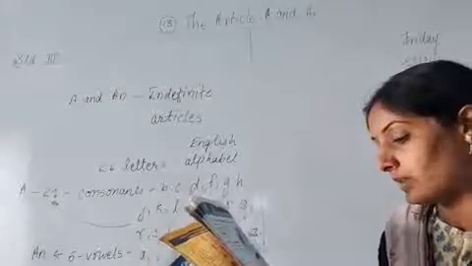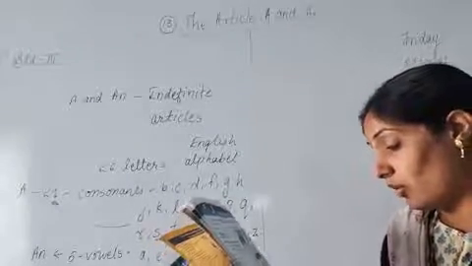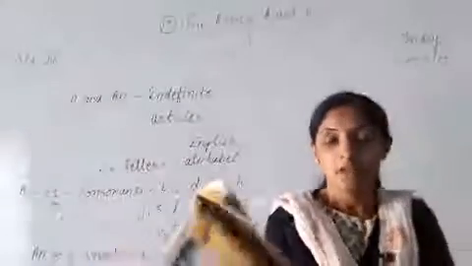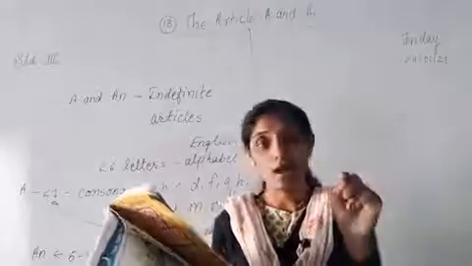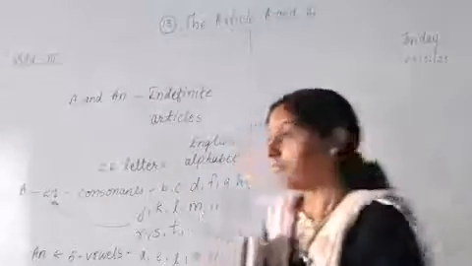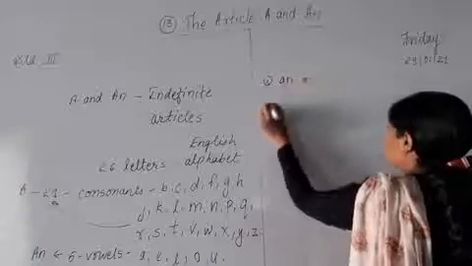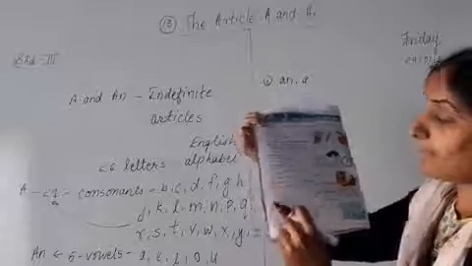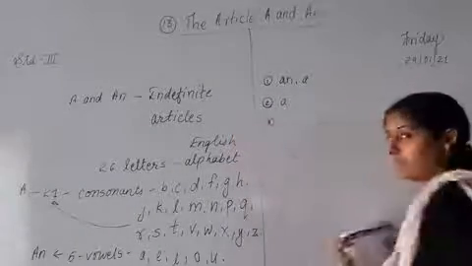Geeta had seen an horror movie at night. Now your first one will be what? We have an hour and a half for play. The first answer is an and a. Second, a hundred paise make a rupee. The second answer will be a.